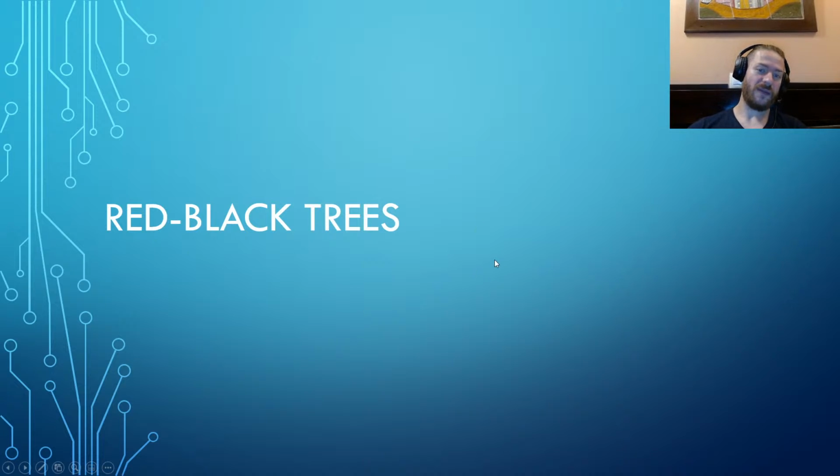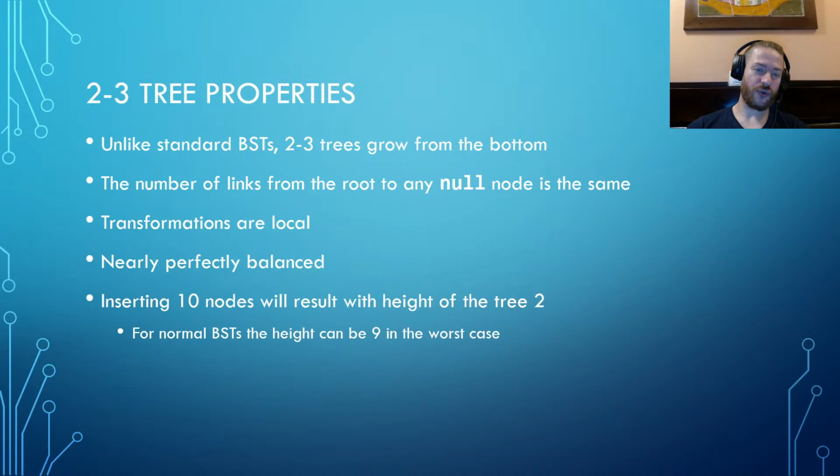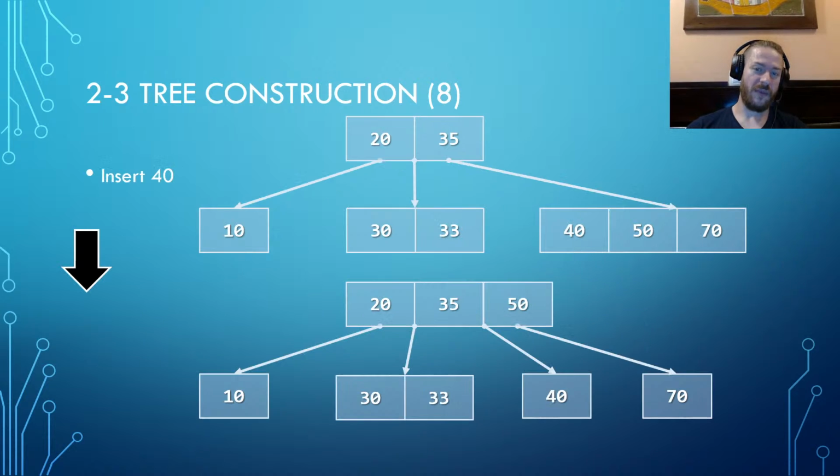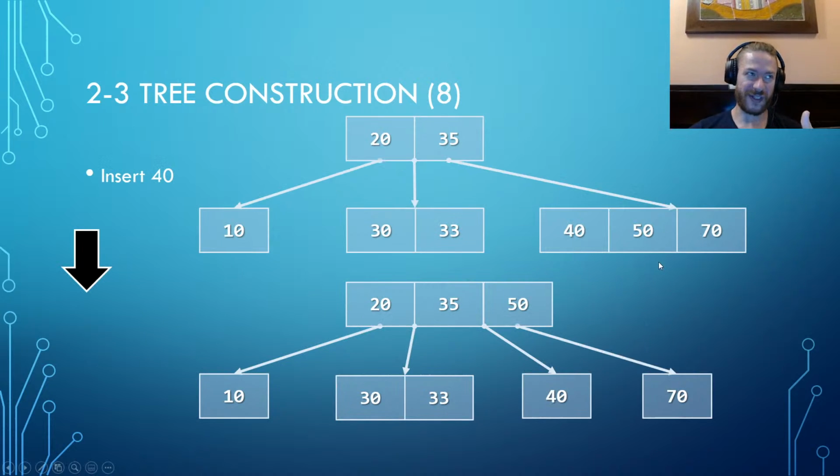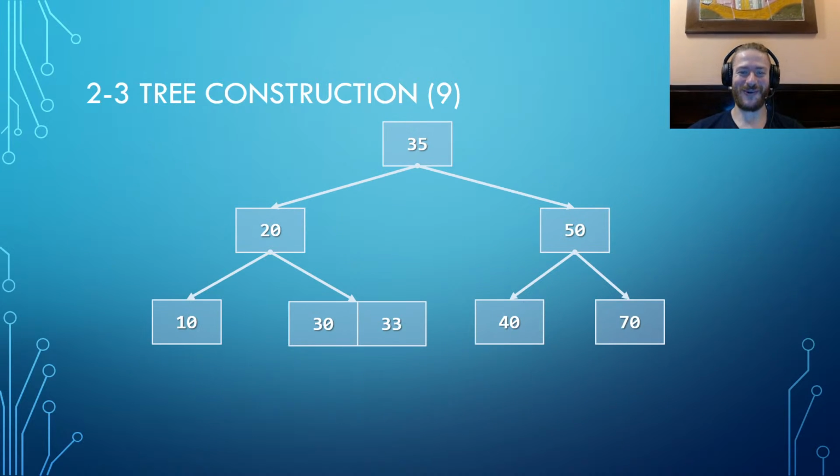Next is red-black trees. Red-black trees are actually B trees but implemented as binary search trees, and they are maybe the most difficult to understand because we have rotations and we have color flippings. It becomes a bit crazy.